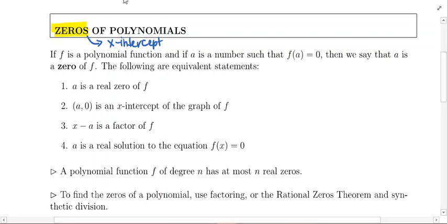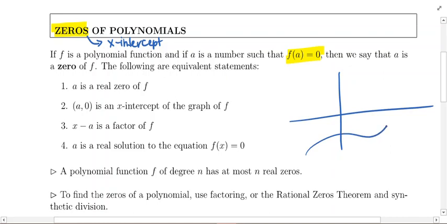That's one of the things that an x-intercept does. If you remember, if you plug that x value into your function, the output is going to be 0. Why? Say you have some crazy function and here's your x-intercept.